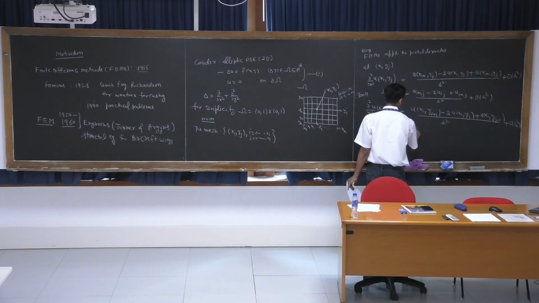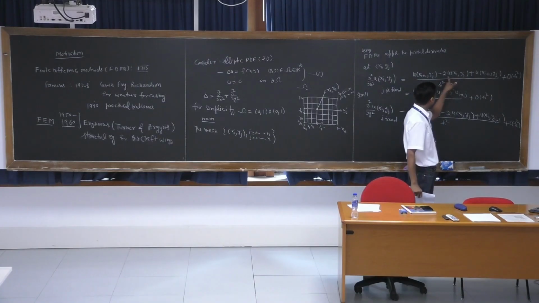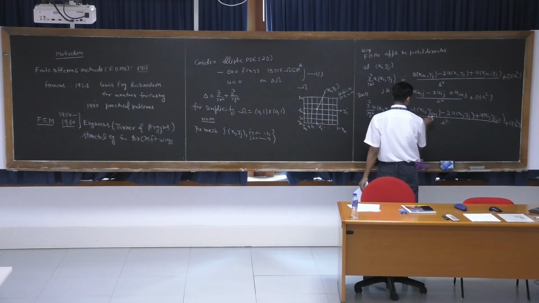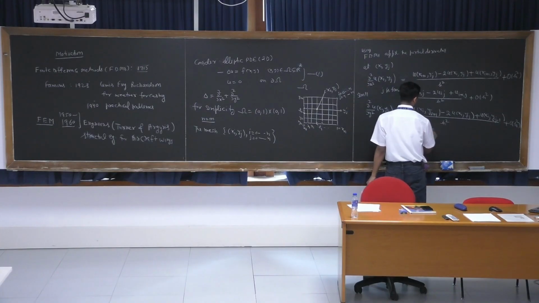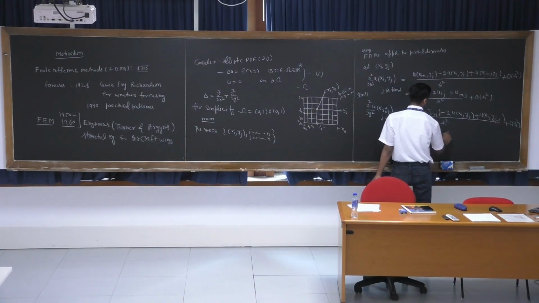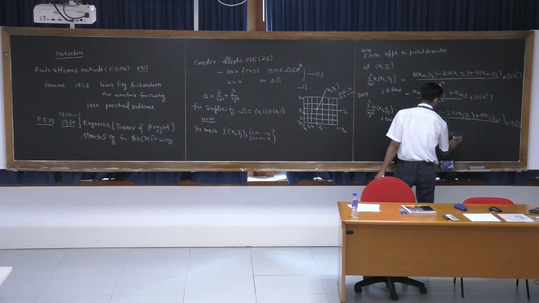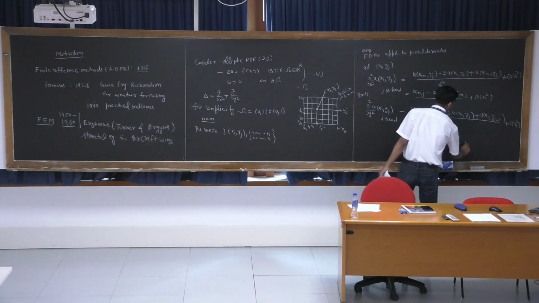And similarly, you can write in this form just for simplicity: u of xi, yj is equal to uij. This is just for simplicity. Okay, so now this becomes ui j plus 1 minus 2 ui j plus ui j minus 1, divided by h square, plus order of h square.